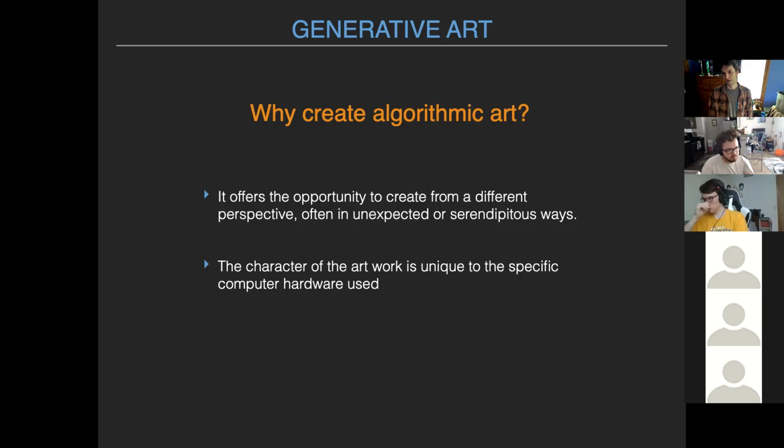You have something going on the screen. You could have an old tube TV CRT screen, or you could have a flat screen. Depending on what type of hardware you're using, it's going to also enhance and change, evolve, or suggest a different meaning.